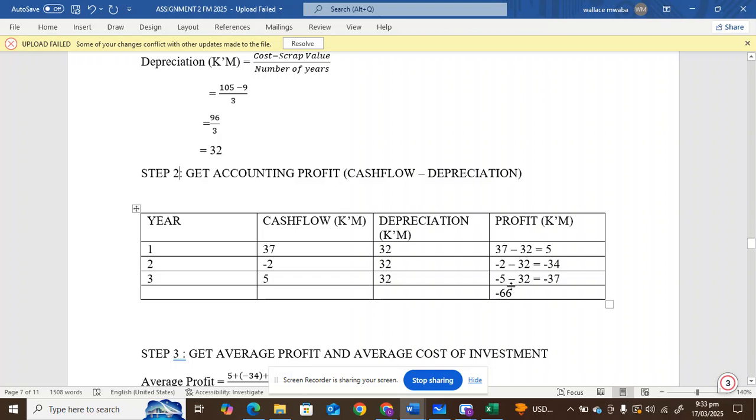Let me think. Oh, so 5 minus 32, what do we get? Thank you for pointing that out, sir. 5 minus 32, we get negative 27, not 37.